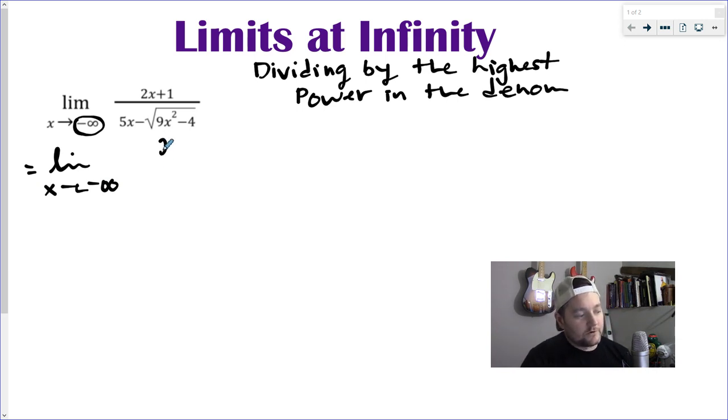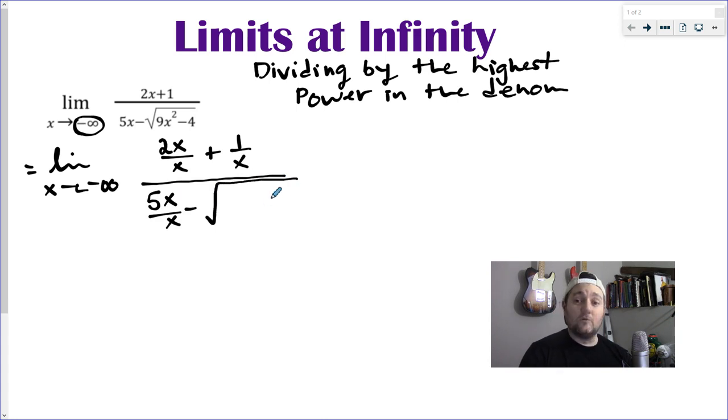So we'll divide everything by x. We go 2x divided by x, plus 1 divided by x, all over 5x divided by x. Now this cheeky root here, we have to be careful, because inside a root, in order to be just x, we actually have the squared, because the square root of x squared is x. So these get divided by x squared.